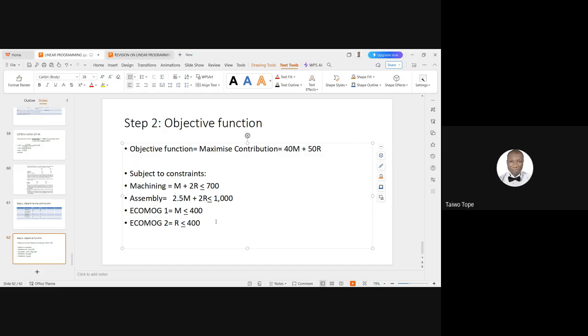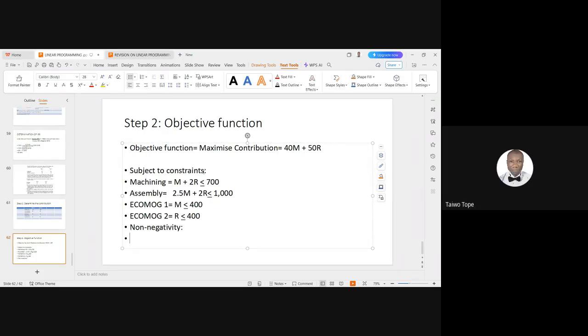So what next will you do? Non-negativity constraint. And that will be expressed as what? M and R. You know ECOMOG 1 and 2 are still Maso and Russo.